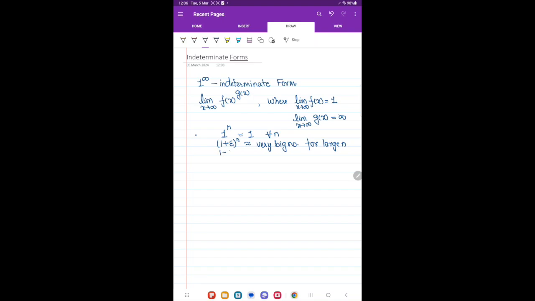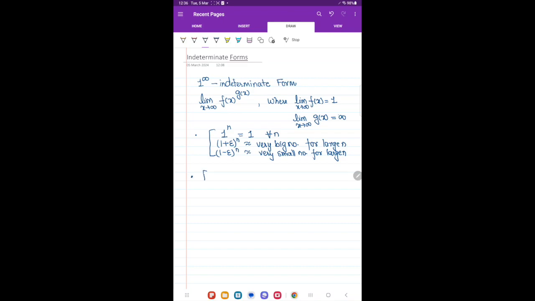Similarly, if I take a number slightly smaller than 1, then this will be a very small number for large n. This is the underlying fact that makes 1 raised to power infinity an indeterminate form.